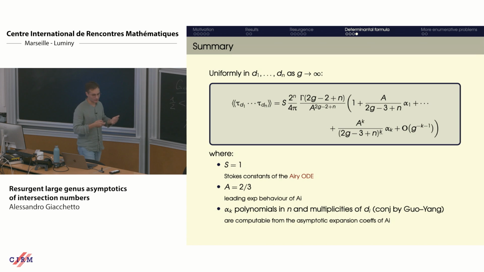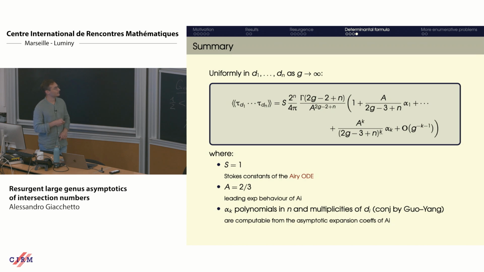And by the knowledge of these minors, we also managed to prove some properties satisfied by these alpha k's, like polynomiality in n and the multiplicities, which was originally conjectured by Guo Yang.